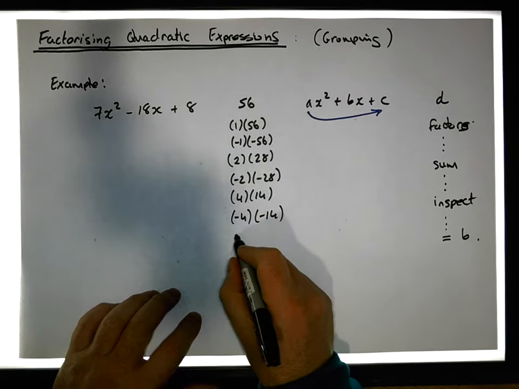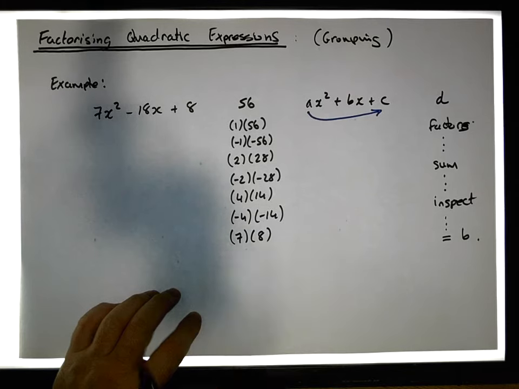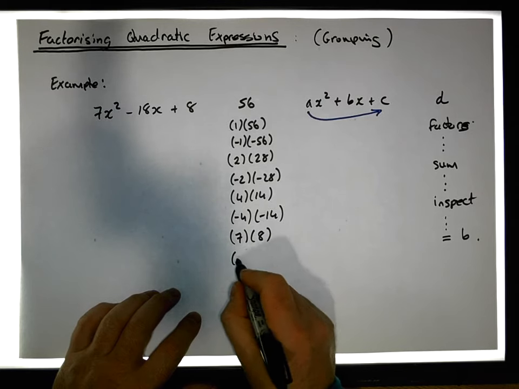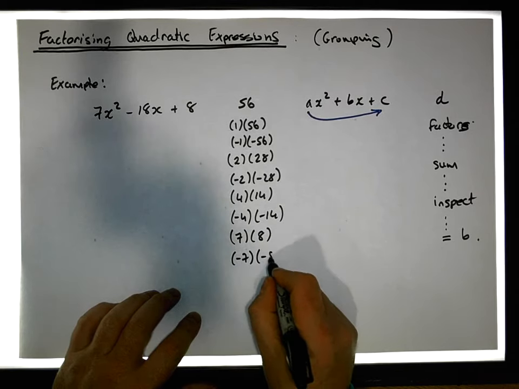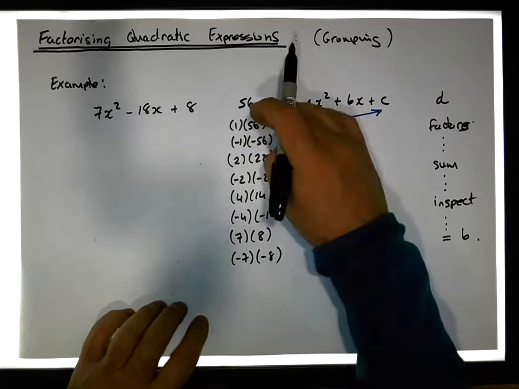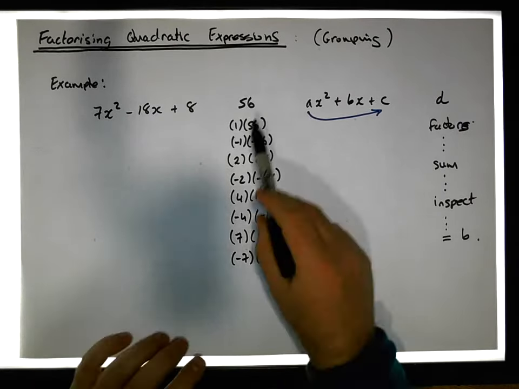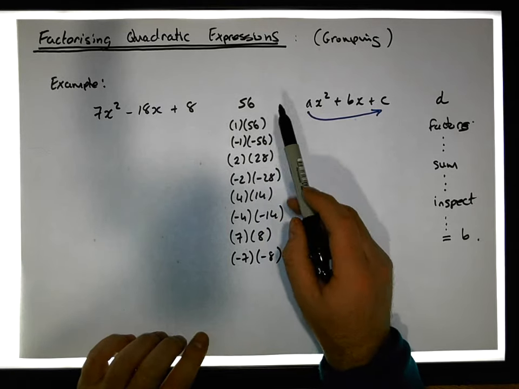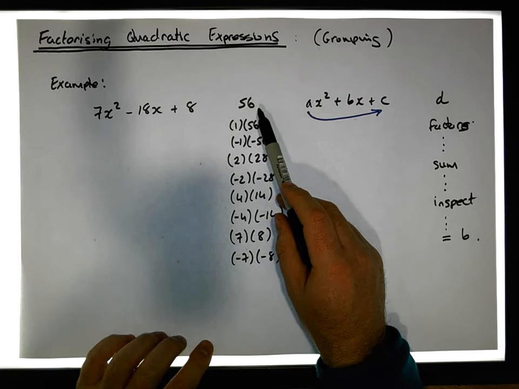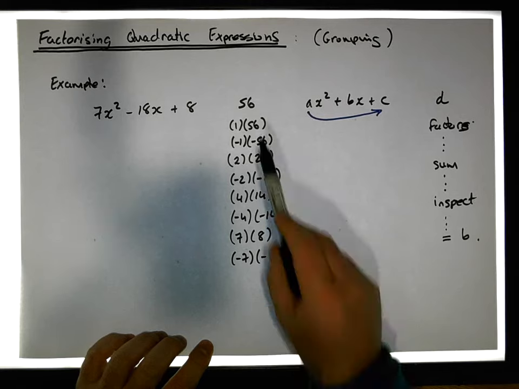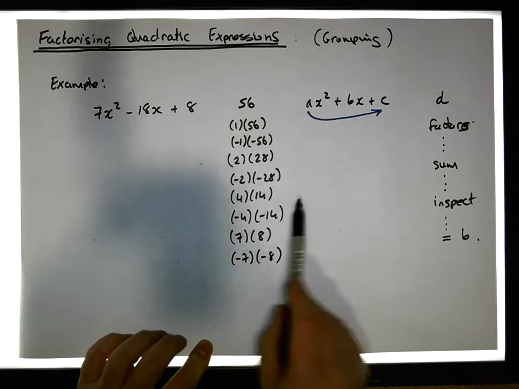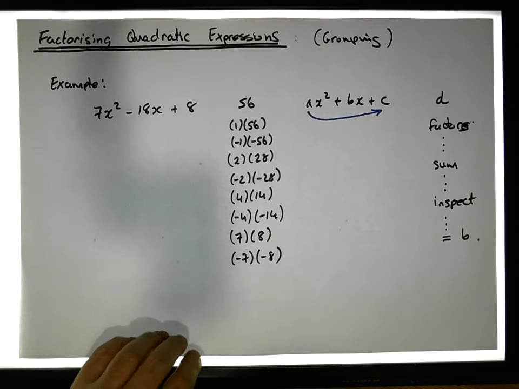Well, 7 divides in, so we have 7 times 8 gives us 56, and also minus 7 times minus 8 would give us 56. Actually, this is all the factors that we have of 56. Okay, and 9 doesn't divide in, 10 doesn't, 11 doesn't, 12 doesn't, 13 doesn't, 14 does, but we've already listed that. So you can actually see that we've listed all the factors, hopefully, here.